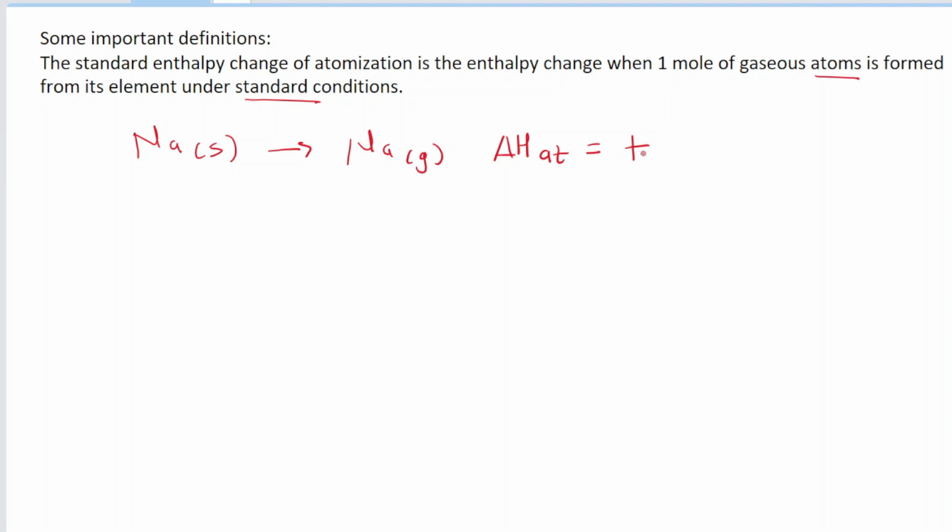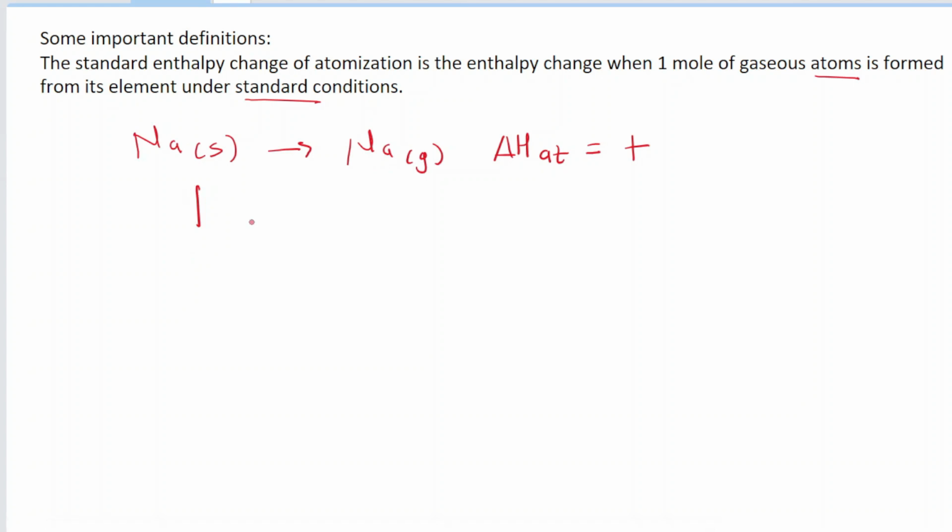And why is that? Because whenever you are doing atomization, you are supplying energy to convert it from a solid to a gas, because you are breaking the bonds within the sodium metal. You are trying to separate the sodium metal by giving it energy, right? So then it becomes a gas. So this is bonds breaking and it will always be endothermic.